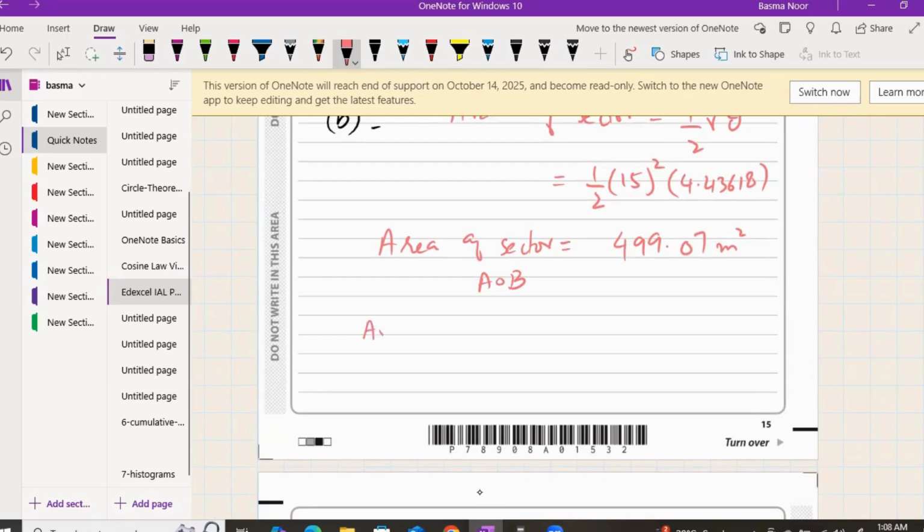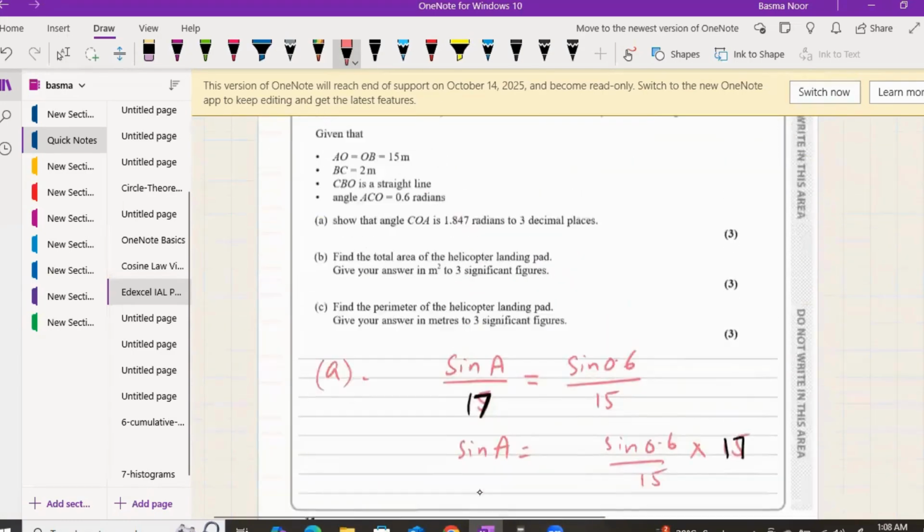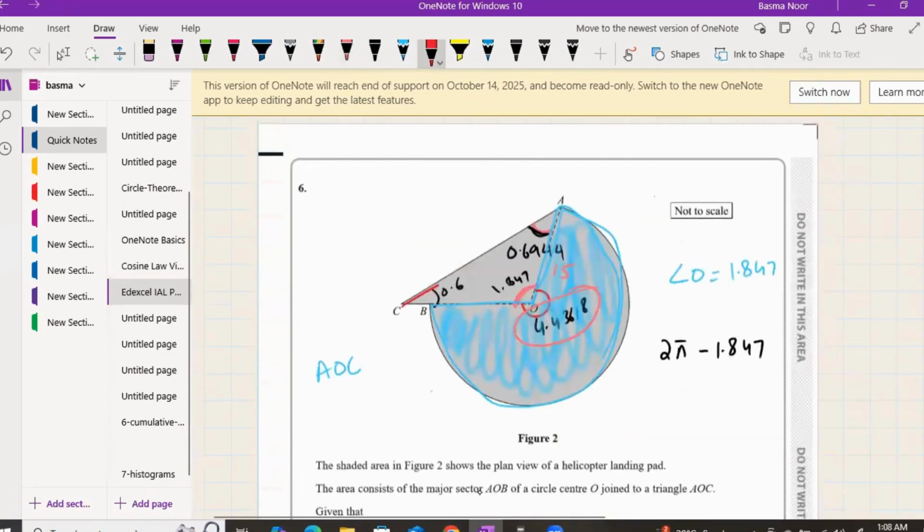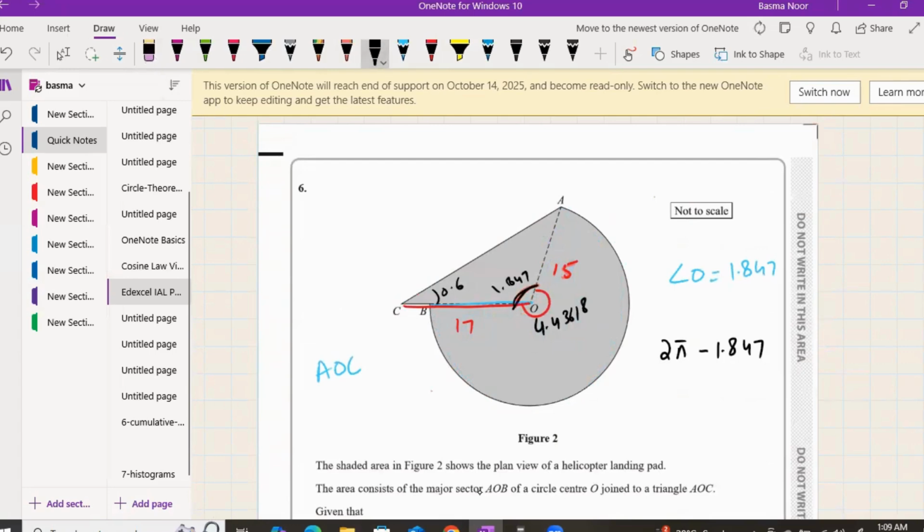Next we find the area of the triangle. You know that the area of a triangle is half times a times b times sine theta. We are given the side lengths and the angle between them. This length is 17, this length is 15, and the angle between them is 1.847.